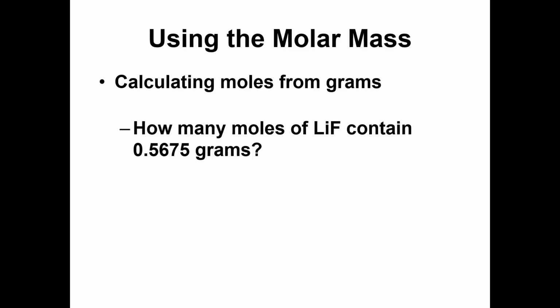Alright, so now, how many moles of lithium fluoride contain 0.5675 grams? Okay, so now we're going to have the same conversion factor, right? We're starting out with 0.5675 grams of LiF, and we want to go to moles. So we need to multiply by moles of LiF and divide by grams of LiF.